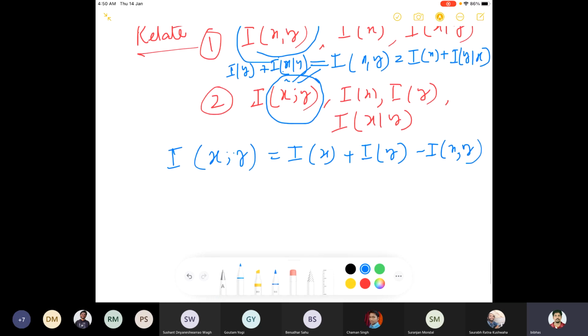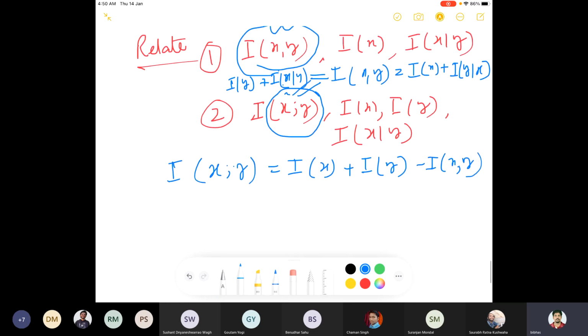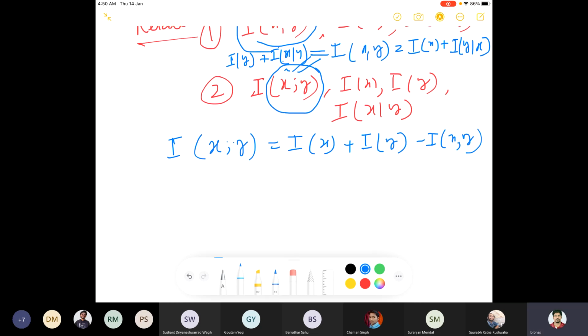Okay. My next question is, since these are all individual quantities for a pair of, let's say, input and output, instead we can take the average values of all this on both sides, like sum over x,y of p(x,y), based on whatever the corresponding random variable is. If we do that, what can we say? My next relationship is this.